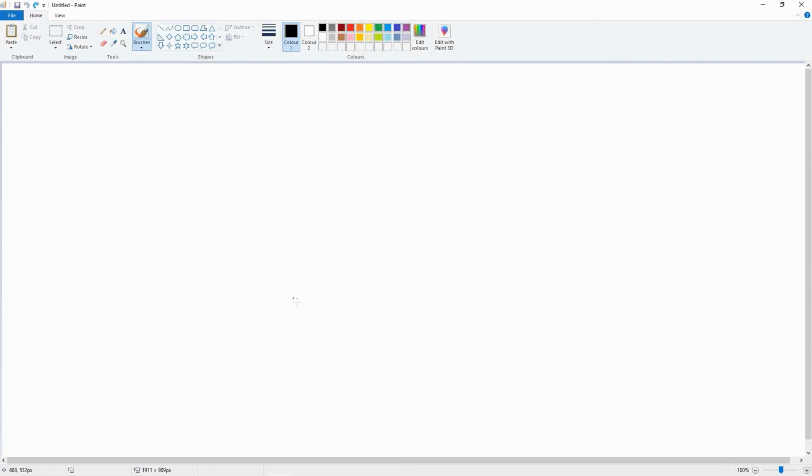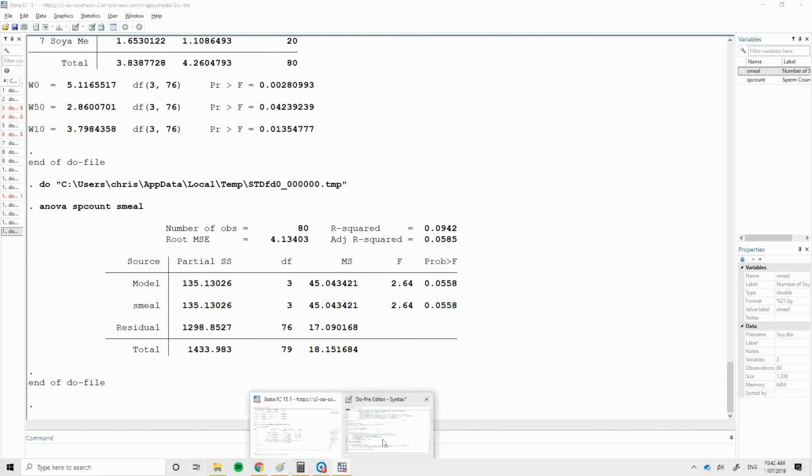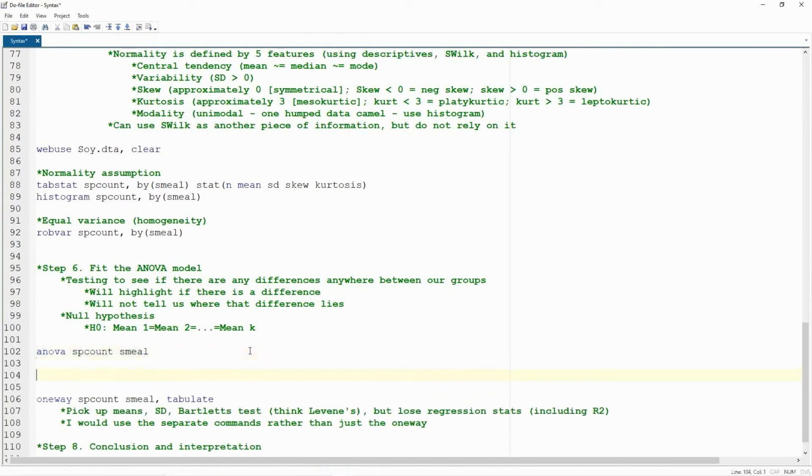If you prefer mathematics, this is effectively the same thing as saying degrees of freedom between, or for my IV, is k minus 1, where k equals number of levels of IV. So I have 4 levels, so k equals 4. 4 minus 1 equals 3.